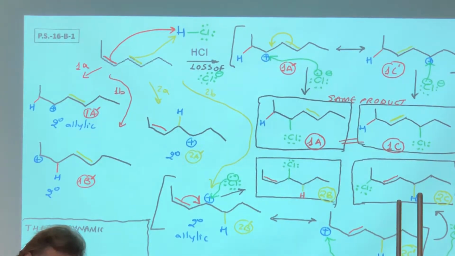And let's go to the other extreme: kinetic conditions, where you slow down the reaction so the faster one will win. Let's say minus 50 degrees. I put this on purpose because if somebody forgets the minus, they'll think they're not talking about the same thing.